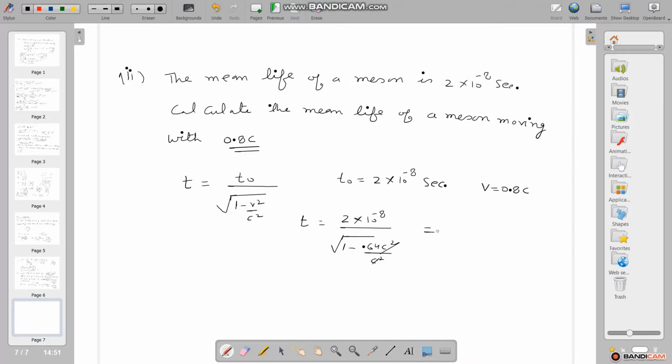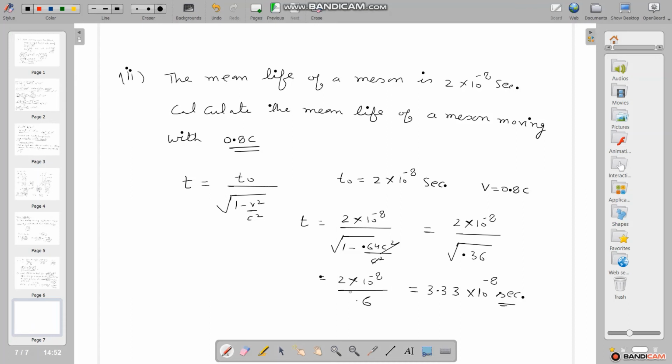C square cancels out. 2 into 10 to the power minus 8 upon under root 0.36, which is 2 into 10 to the power minus 8 upon 0.6, which is 3.33 into 10 to the power minus 8 second. This is the mean life of the meson by time dilation, or the Lorentz transformation equation.